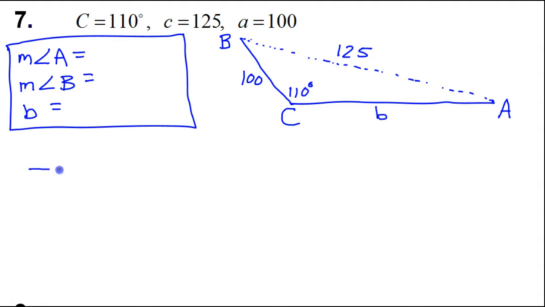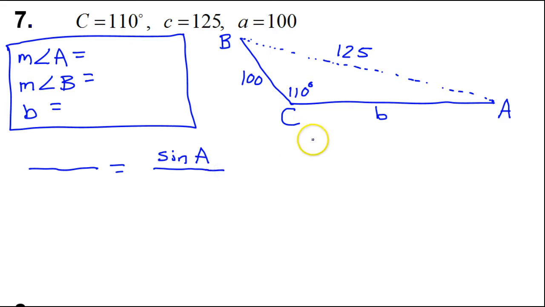Now, we have a choice when we set up the law of sines. Do we want to put the angles in the top and the sides in the bottom, or do we want to put the sides in the top and the angles in the bottom? I go by what I'm looking for. Right now I'm looking for the measure of angle A. Whatever I'm looking for, I'm going to put it in the top. So since I'm looking for angle A, I'm going to put sine A in the top.